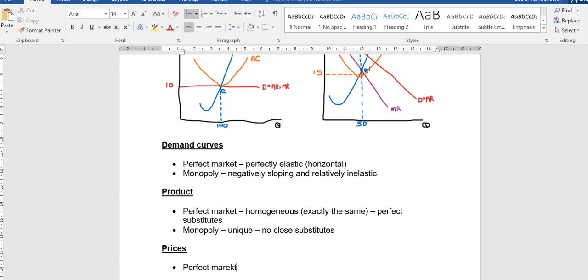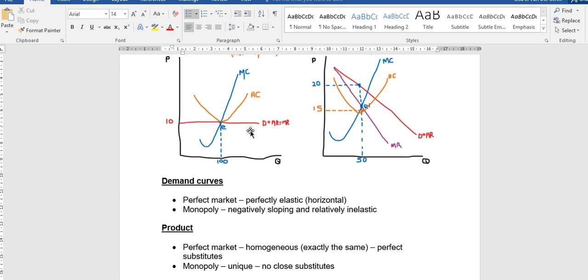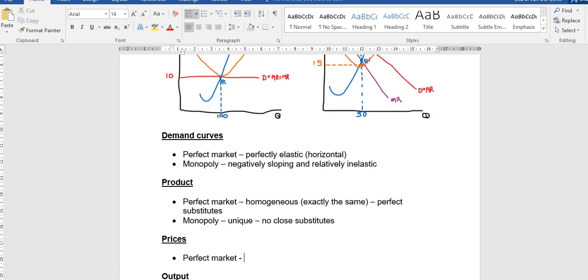So in the perfect market, if we go up to the graph again, remember at my profit maximization position, my price is 10 Rand. So this is what I'm going to write there: my price is 10 Rand. In the graph above, profits are maximized at point E, and at point E, the price is indicated as 10 Rand.